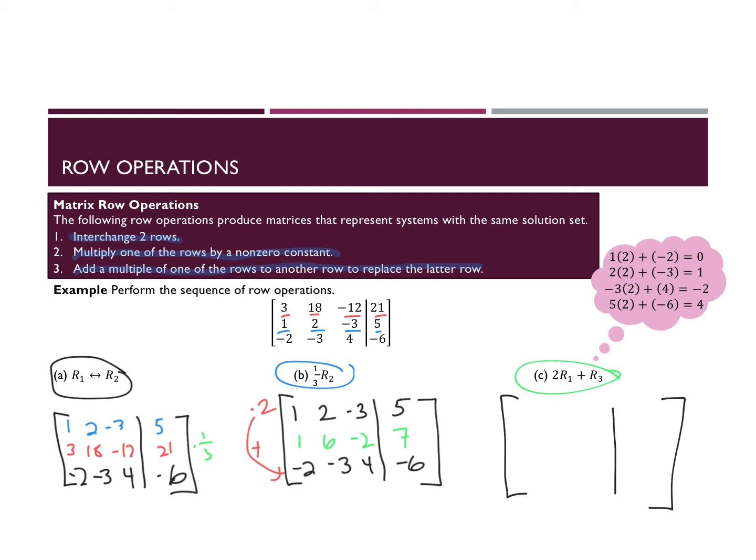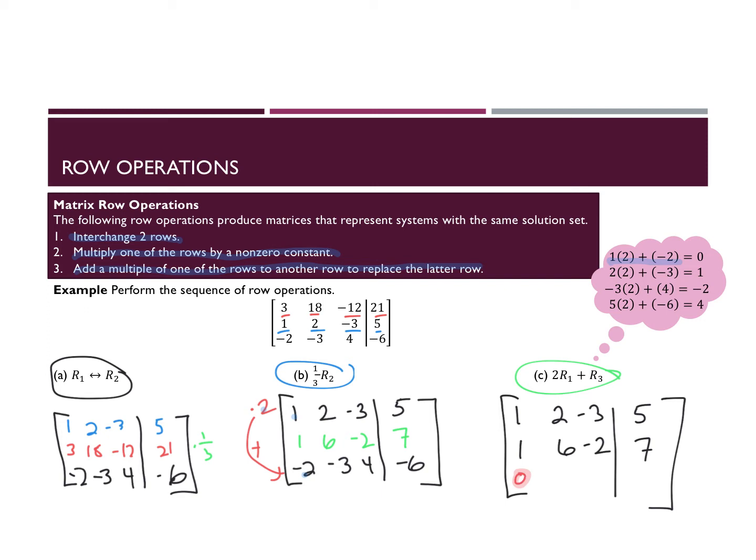So I'm going to copy rows 1 and 2 from letter B. Now notice up above in the thinking bubble, when we say 2 times row 1 plus row 3, this is what we're thinking: 1 times 2 plus negative 2. And just like it says there, I can do mental math or I can use a calculator. Well, that is just 0.